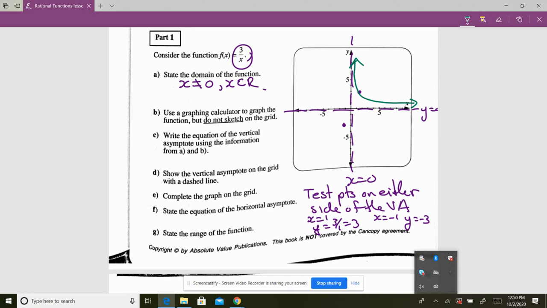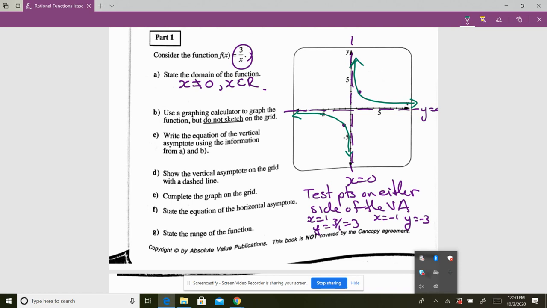Is that okay? And it has to get close to the vertical, but it can't touch it. So it's just going to accelerate up. Same with this part. Has to go through this point, can't touch either line. So there you go. That's the graph.